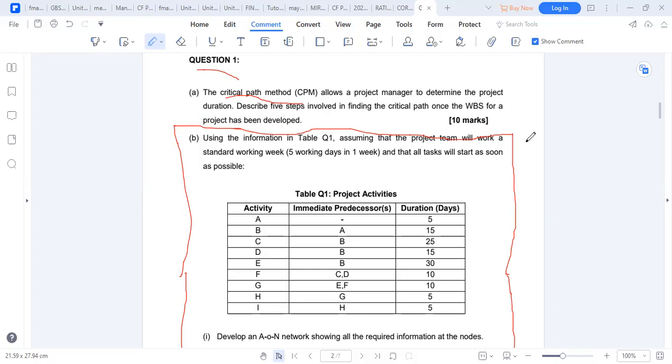So we have the activities A, B, C, D, E, F, G, H, I, the immediate predecessor, and the duration.